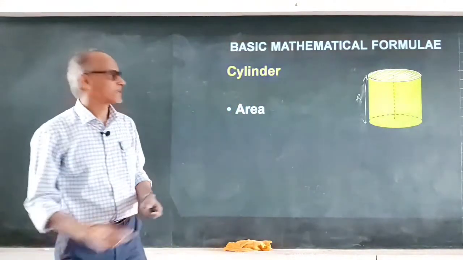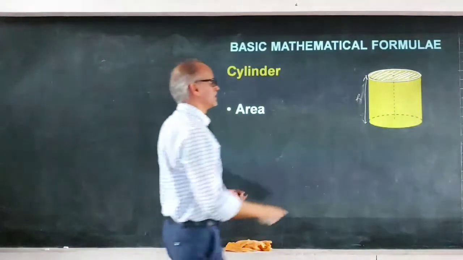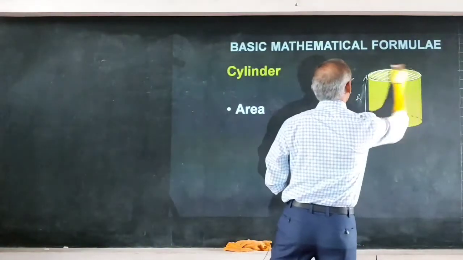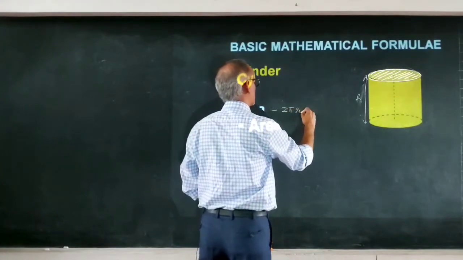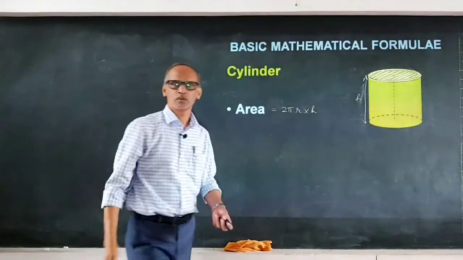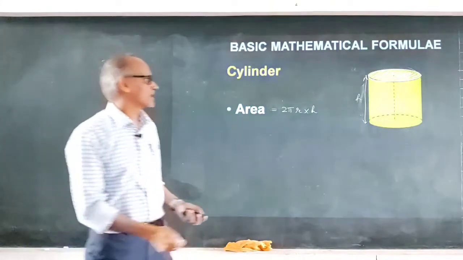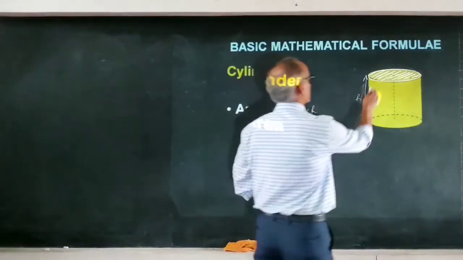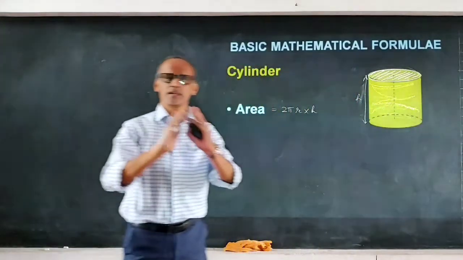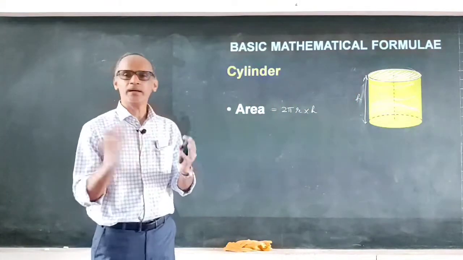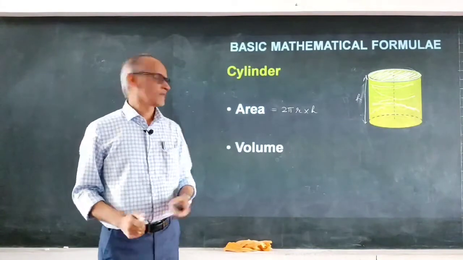The surface area is nothing but the circumference, which is 2 pi r into h. Okay, 2 pi r is the circumference, so that we wanted the surface area, right? Lateral surface area. So it is 2 pi r into h.